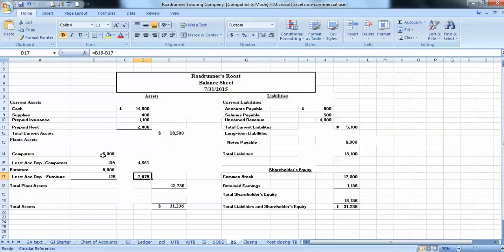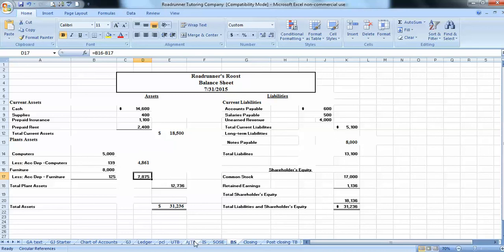We estimate they've worn out or we've used them up by 139. They have a current estimated value of $4,861. That tells the whole story of that asset. The same thing could be true of the furniture. $8,000 purchase, historical cost, less depreciation that has accumulated, book or carrying value $7,875. So that gives a good story.